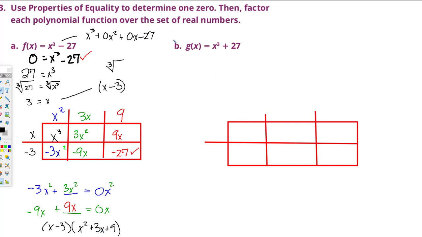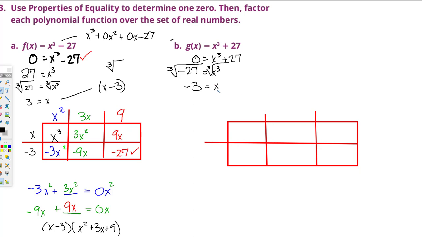Let me get you started on this one, and then I'll let you finish up the division. So I subtract to get the 27 over here. What is the cube root of both sides? It will be negative 3 this time because negative 3 times itself 3 times will give you a negative 27.